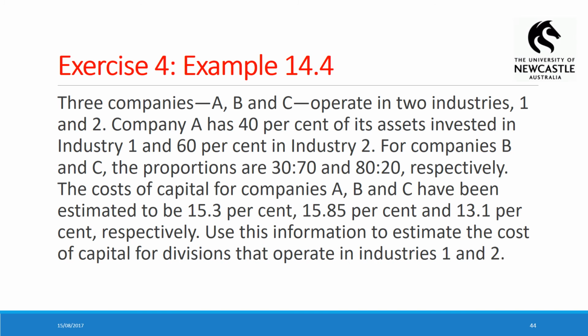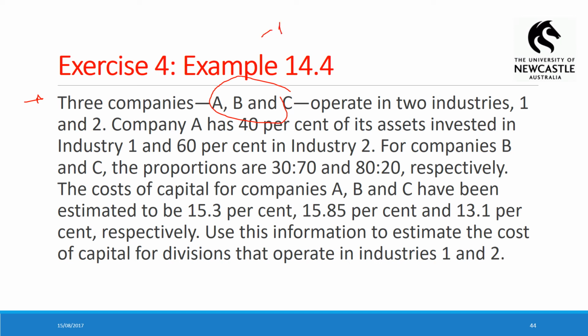So let's look at this example from the textbook, example 14.4. What we have here is three companies, A, B, and C, and they operate in two industries, right? Industry 1 and 2. We assume that these are all the competitors in these two industries.